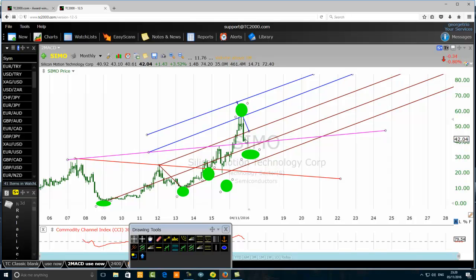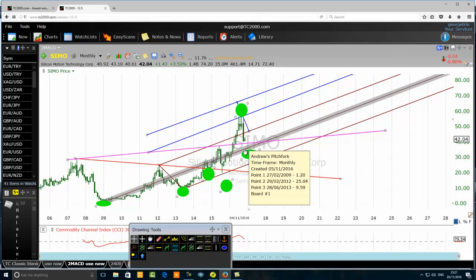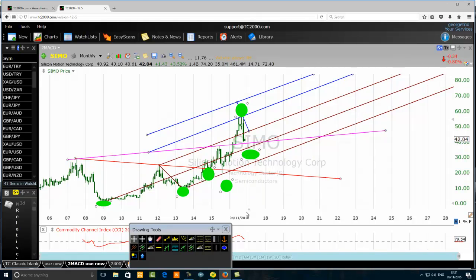So at this point in time, we can expect Silicon Motion Technology Corporation stock to continue to go down a little bit to retest either the pink line or the median line of the Pitchfork Tool.